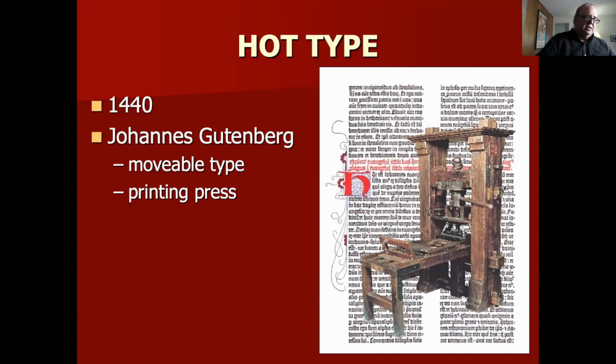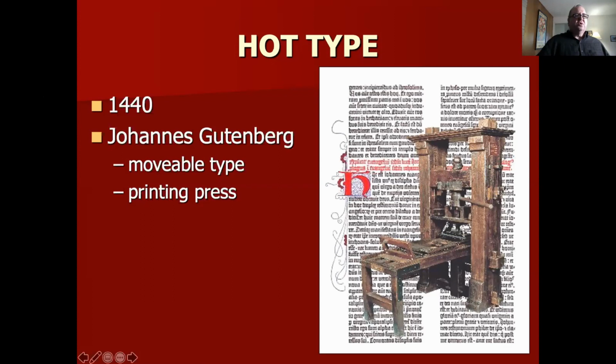If you think about things like the Industrial Revolution, and the change from old style communications to the use of computers, the invention of hot type, or the movable type printing press, was truly revolutionary in a huge way.